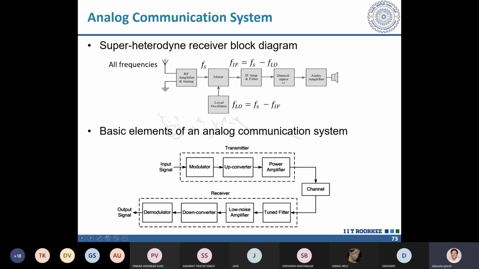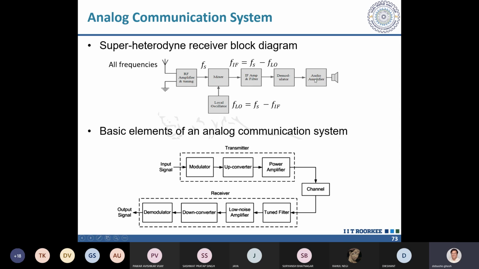Now from this stage, I again have a tuning circuit for better selection. I will have an amplifier and I will do the demodulation, everything. All this part of the circuit is designed for a particular fixed frequency.